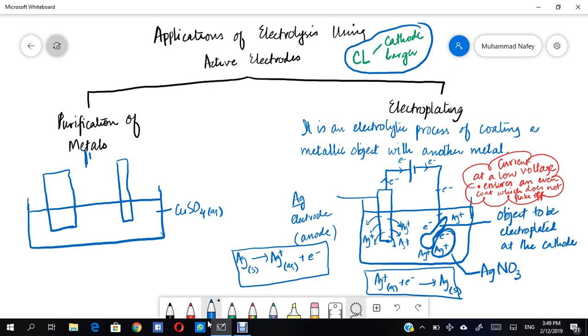Now if you notice here, I have drawn a very thick anode and a very thin cathode. The reason is that we don't actually need a big cathode. If you take a look at the reactions that I showed in the previous video, you will notice that it's basically the anode that's dissolving, and the cathode is just there for gathering whatever is lost at the anode.